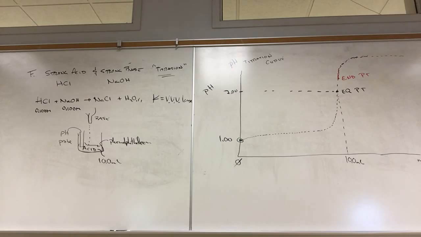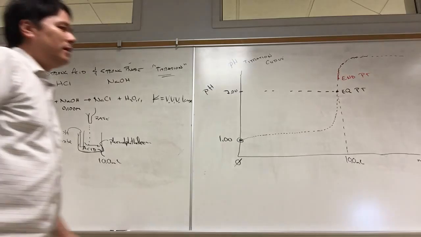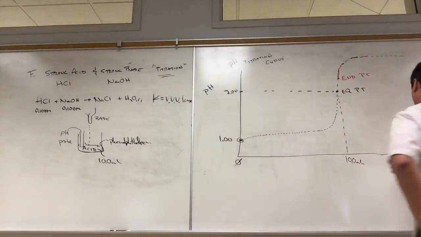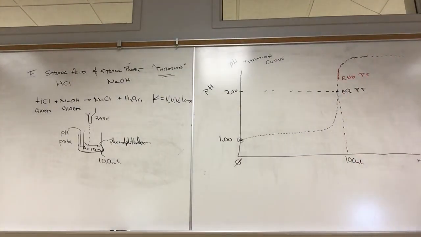Unfortunately, phenolphthalein doesn't cooperate because it won't change color until pH 9. And so that leads to an error, or does it? On the one hand, it leads to an error because this is about 2 pH units. pH is a powers of 10 function. So 2 pH units would be 10 squared, 100. So we're about 100 times off in terms of acidity.